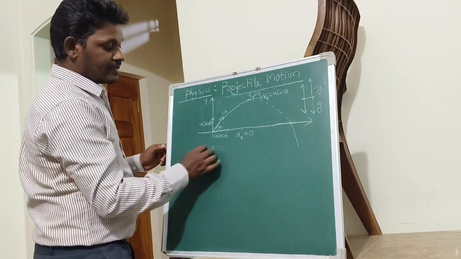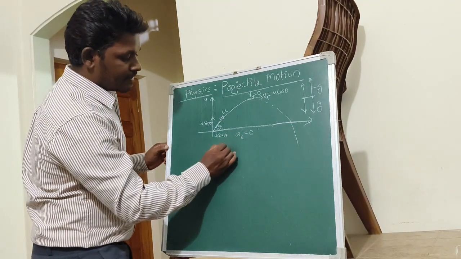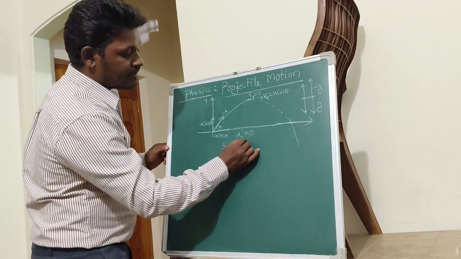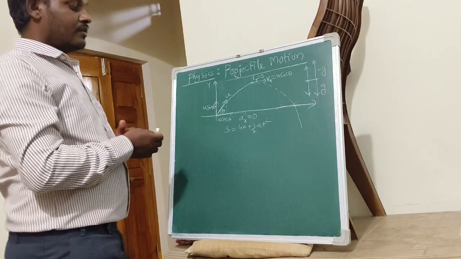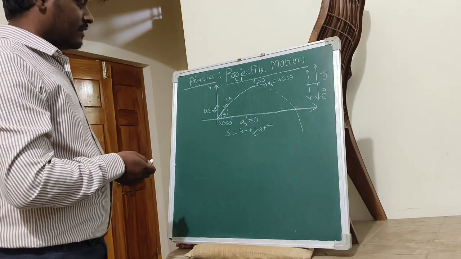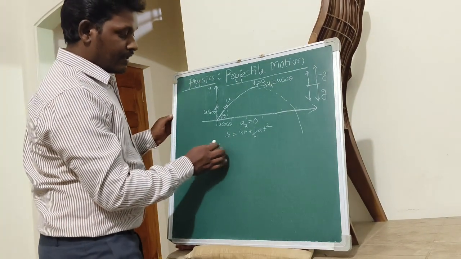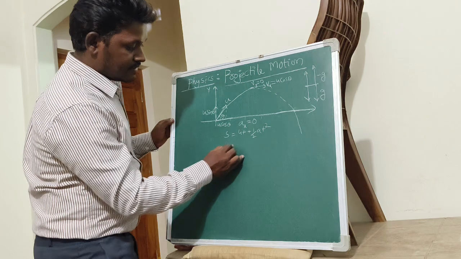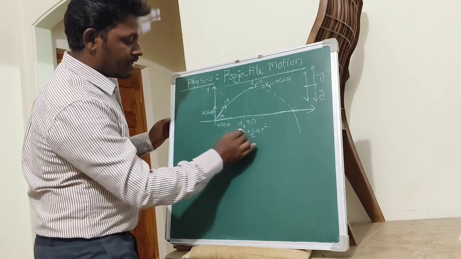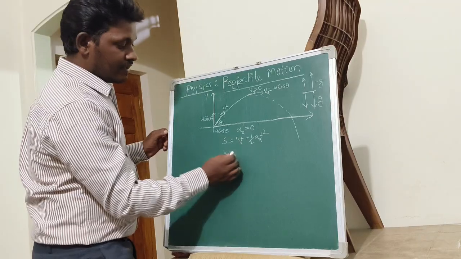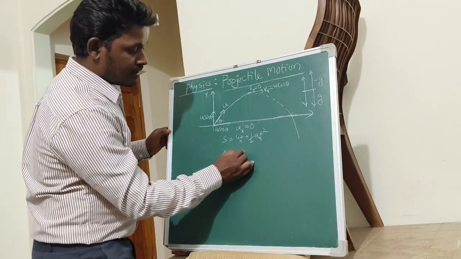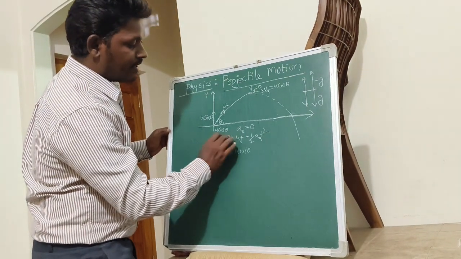We know that s equals ut plus half at square. Here s means x, and u along the x direction is u cos theta, into time.